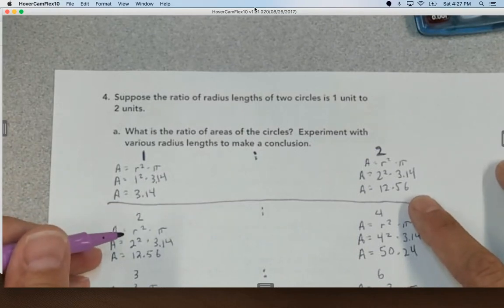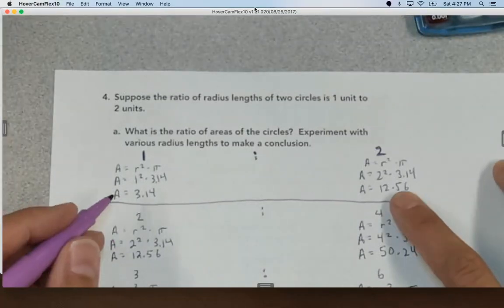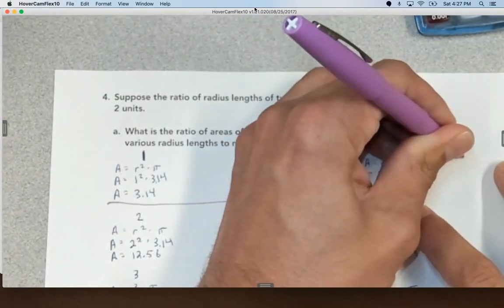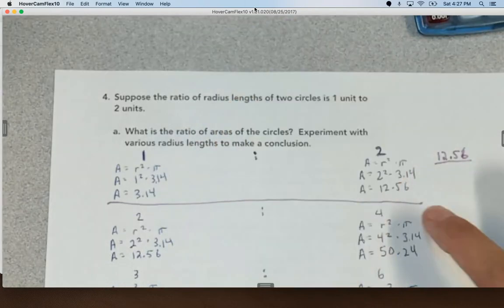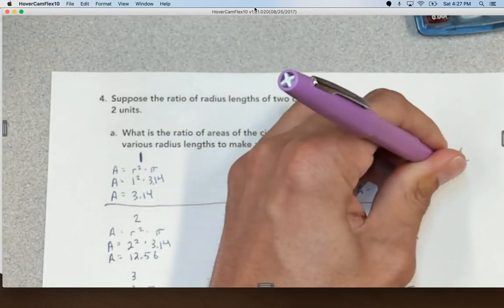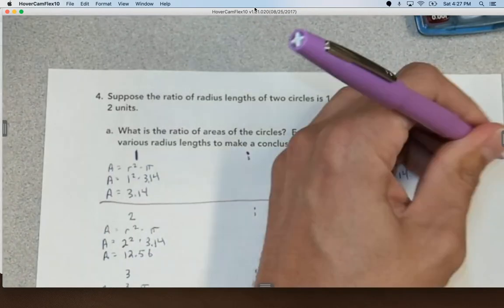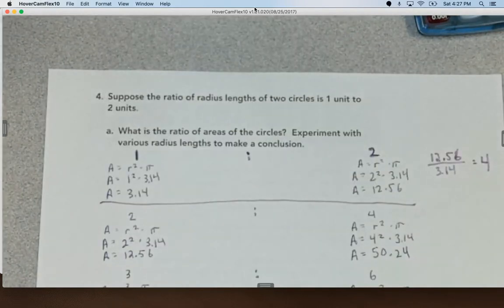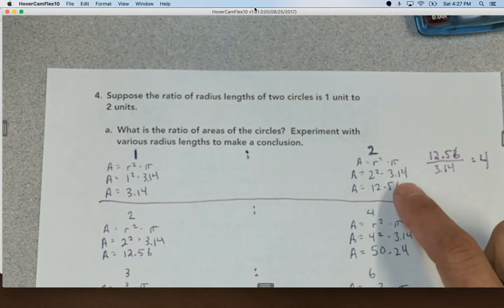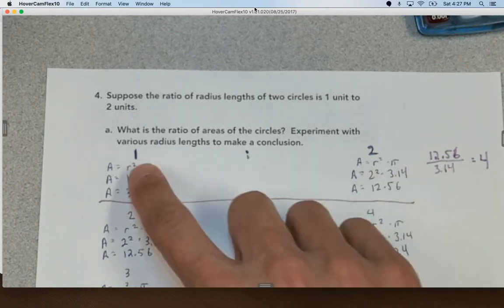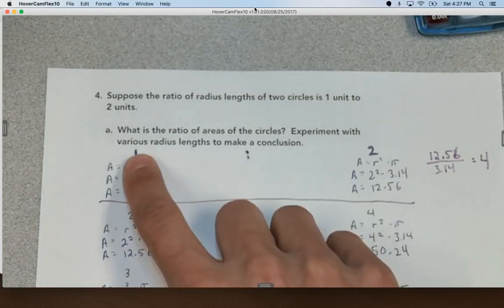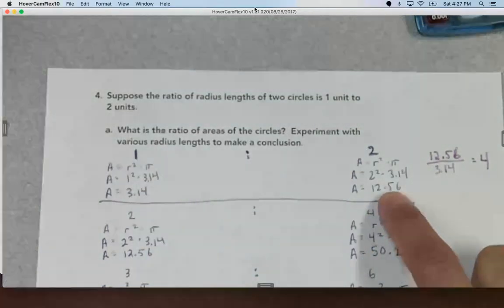When I took 12.56 and divided it by 3.14, I got 4, which means that this area was 4 times larger than this area. The radius is 2 times larger than this radius. The area is 4 times larger than this one.